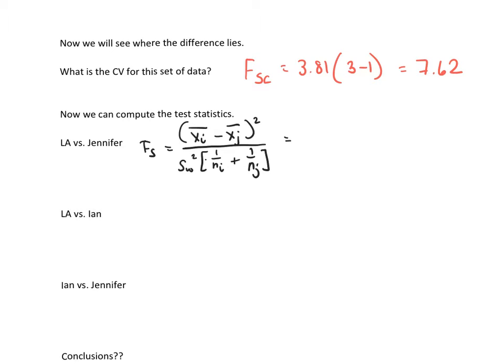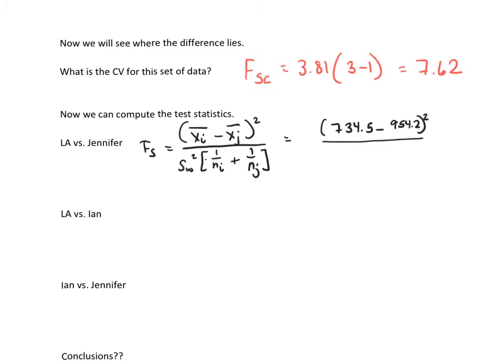So in this case, the mean for LA was 734.5, minus the mean for Jennifer, which was 954.2. So just looking at this very informally, you can see that these are a pretty big difference between the means, but is the difference in those sample means enough to show a difference in their population means?